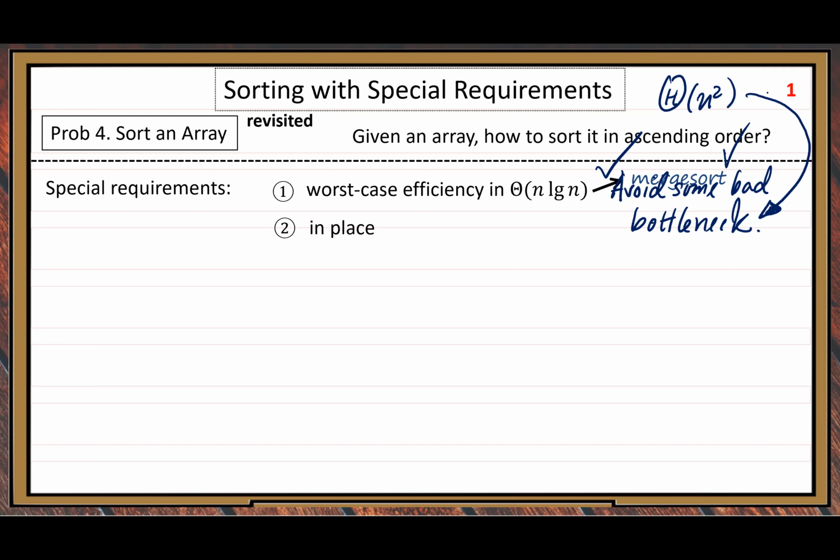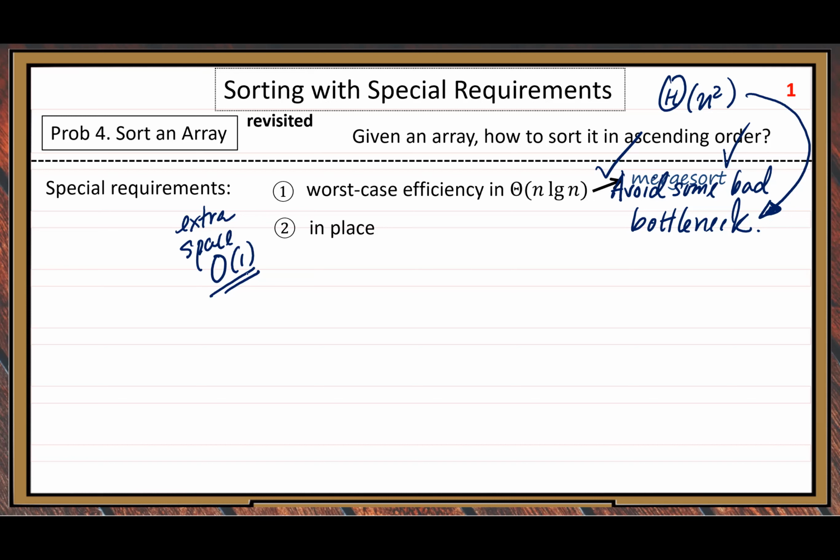Second requirement, in place. I just give you the meaning of in-place algorithm. The extra space used is big O of 1. That's the second requirement.